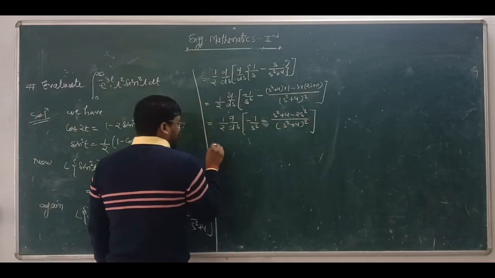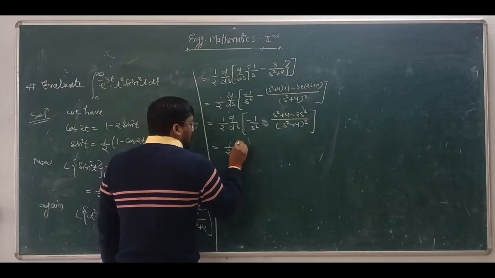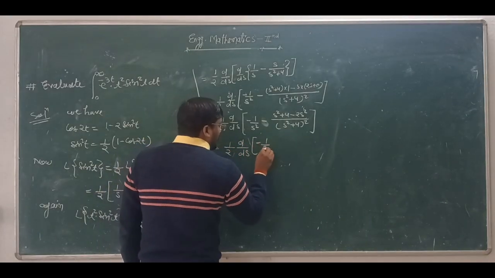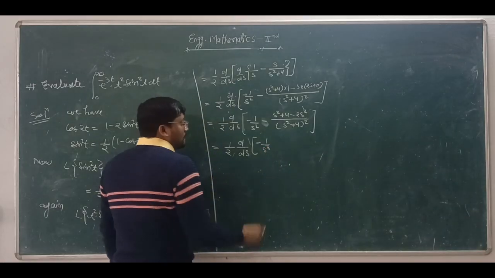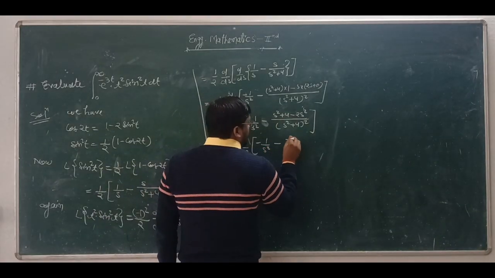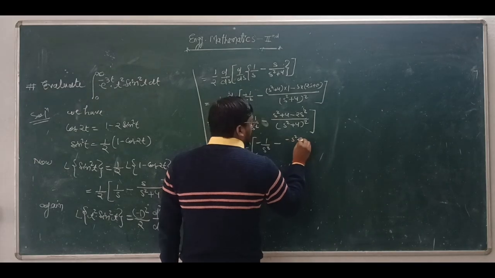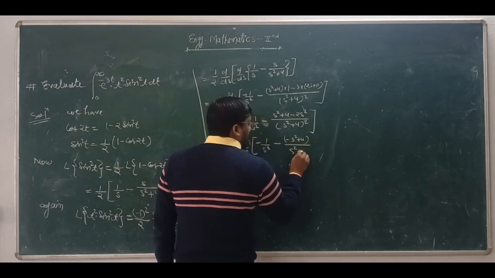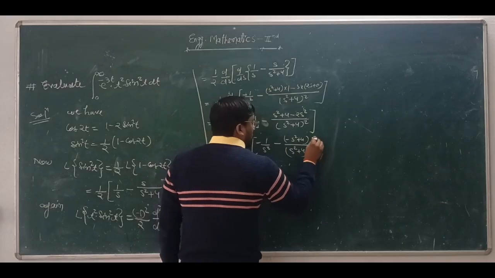Again, 1 by 2 d upon ds of minus 1 upon s square minus (4 minus s square) upon (s square plus 4) to the power 2.